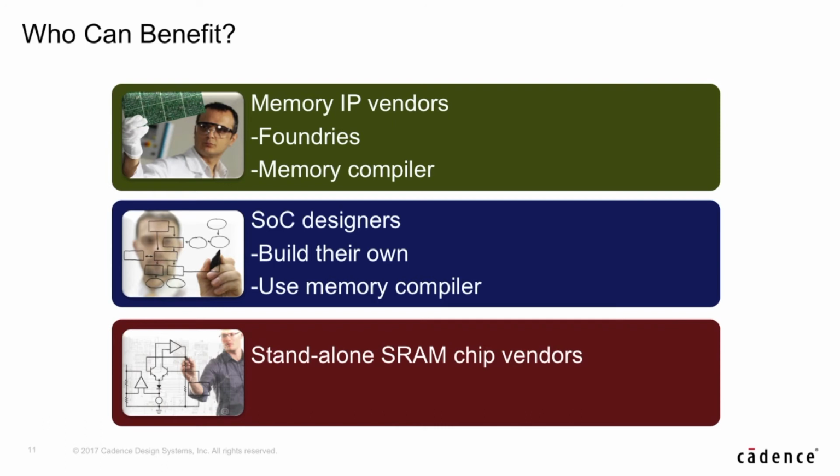So in terms of who we are targeting, we're targeting, for example, the memory IP vendors, the foundries or memory compiler companies that provide memory as IP. These are obviously target customers for us. We also have SoC designers, who design memory on their own or use memory compilers and do customization on top of that, and they can certainly benefit from our Legato Memory Solution.